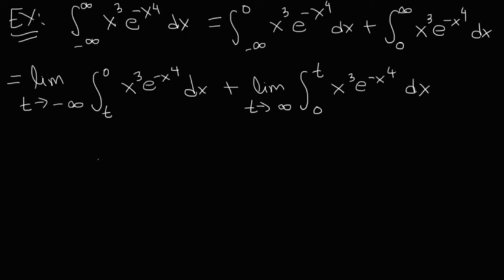Now what I would suggest is, if we look at the integral, this is a case where we would use substitution. Integration by parts is way too complicated here. I notice it's substitution because if I let u equal the inner part of the integral, which is negative x to the 4th, its derivative is going to be negative 4x cubed, and the x cubed is right there in the integral.